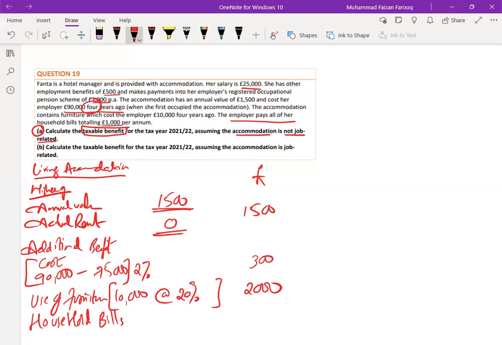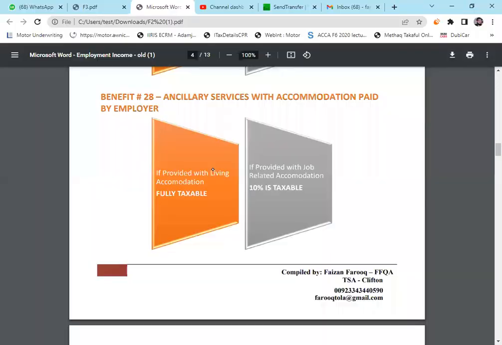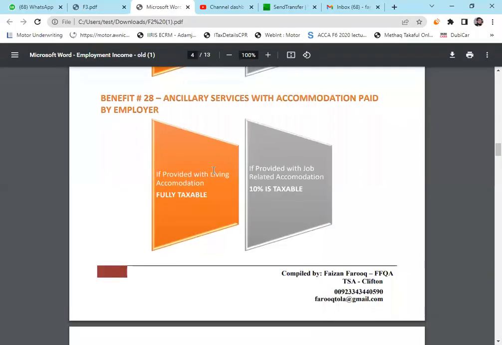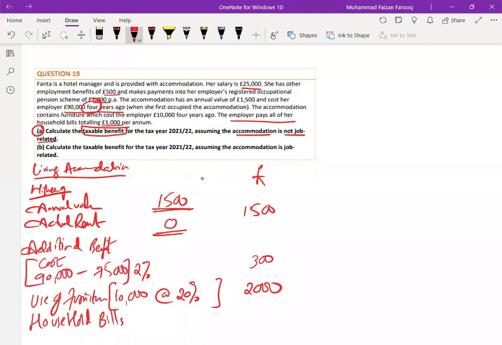This is known as ancillary services. Please look at that. The ancillary services rule is if it is provided with living accommodation, the full amount is going to be taxable, the orange box. So how much is the full amount? 1,000. So this is my total benefits if it is living accommodation, 4,800.